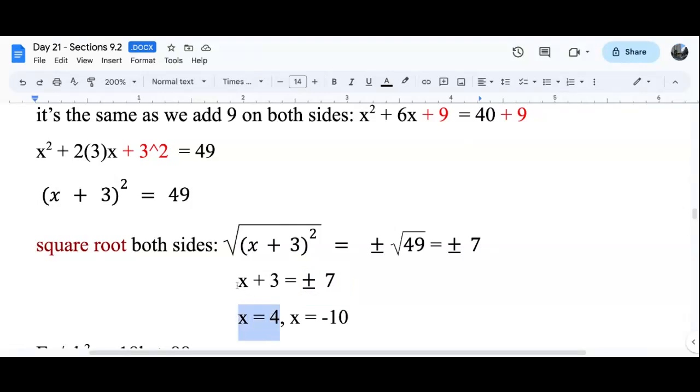Then we move 3 to the other side. The first one, x equals 7 minus 3, which is 4. The second one is negative 7 minus 3, which equals negative 10. Bingo, exactly as when we factored. So we get the same solution. Does anyone have any question?